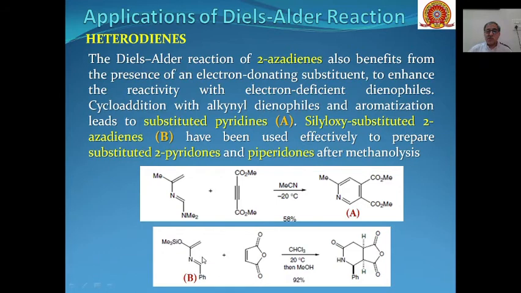Similarly, these silyloxy-substituted 2-azadienes, on 4+2 cycloaddition with maleic anhydride, can lead to the formation of substituted 2-pyridones and piperidones as the product after methanolysis.